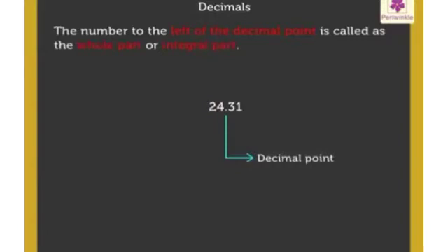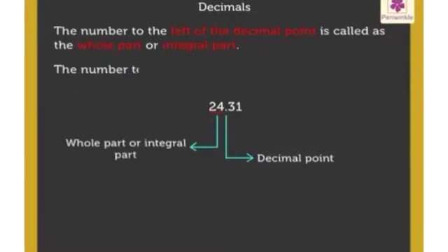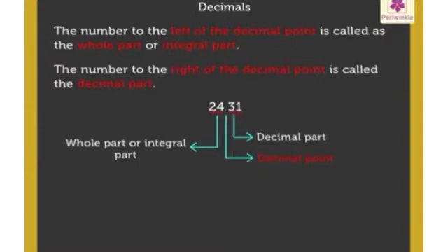The number to the left of the decimal point is called the whole part or integral part. The number to the right of the decimal point is called the decimal part. 31 is the decimal part, and in between is the decimal point.